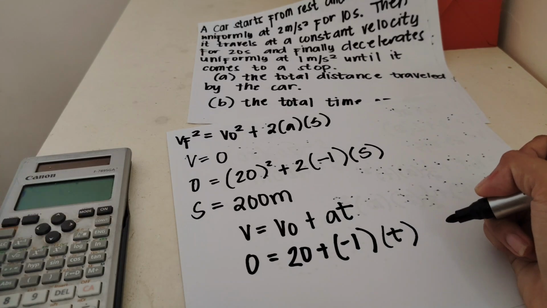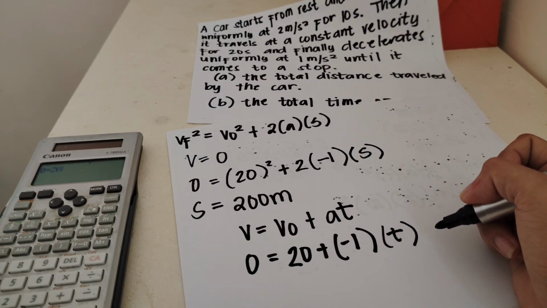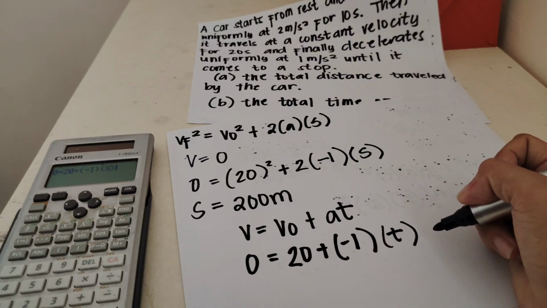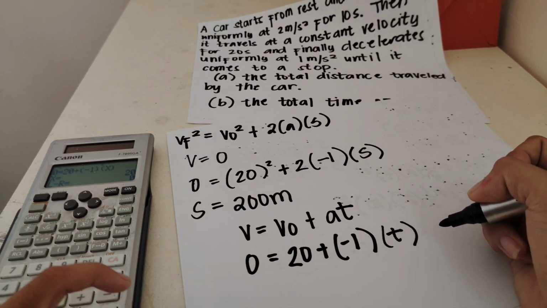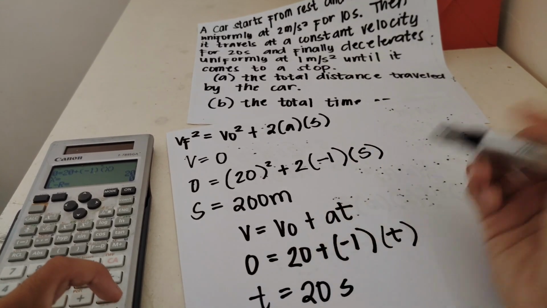So 0 is equal to 20 plus negative 1 times the time. So we have a time of 20 seconds.